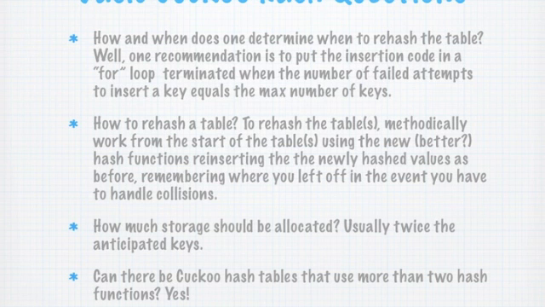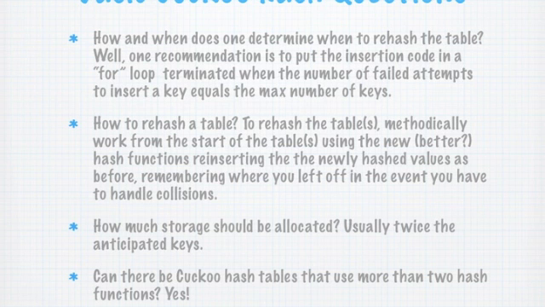Let's see, how much storage should be allocated? In the original paper, the authors indicated that a Cuckoo hash uses about the same amount of storage as a binary search tree would. Basically 2 times the number of anticipated keys.